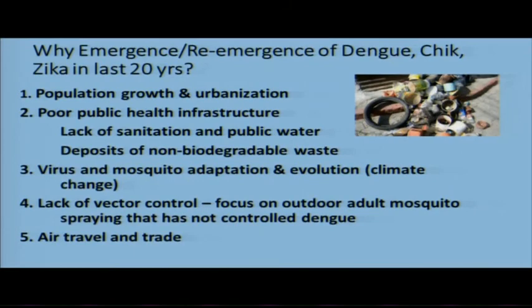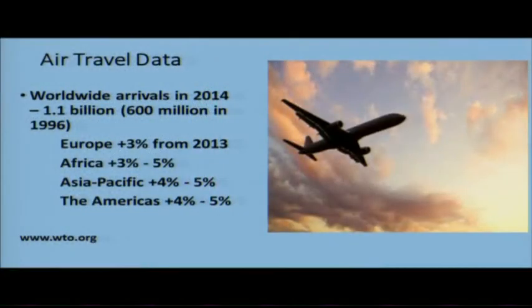Virus and mosquito adaptation have occurred, and climate change, and there's been really a lack of vector control with focus on outdoor spraying of mosquitoes that has not controlled diseases in the past, and air travel and trade, which is a big one. If we look at just commercial airline arrivals, it's doubled since 1996.